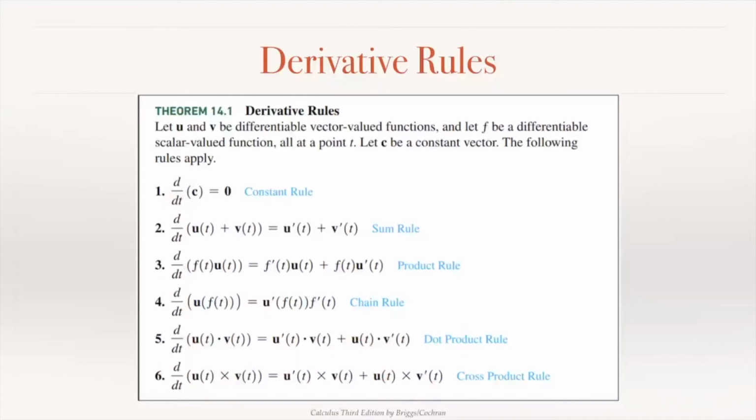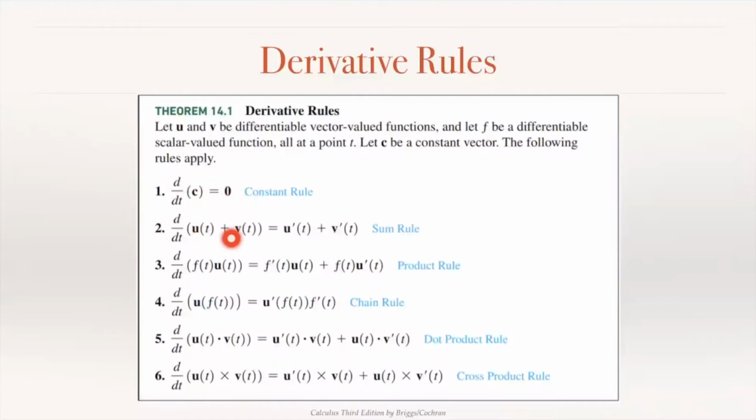So first, the derivative of a constant vector. Remember that all of these bold things are actually vectors, not scalars. So the derivative of a constant vector is 0. After all, constant vector, that means that every component is a constant. So the derivative of each component is going to be 0.